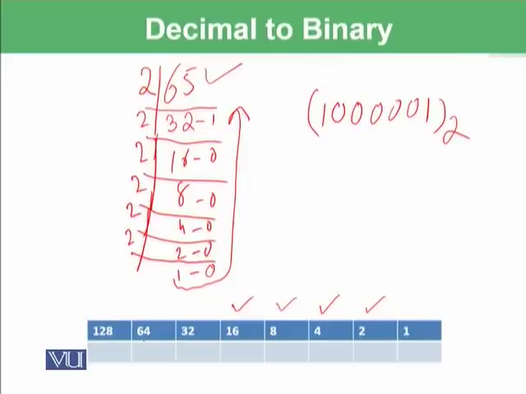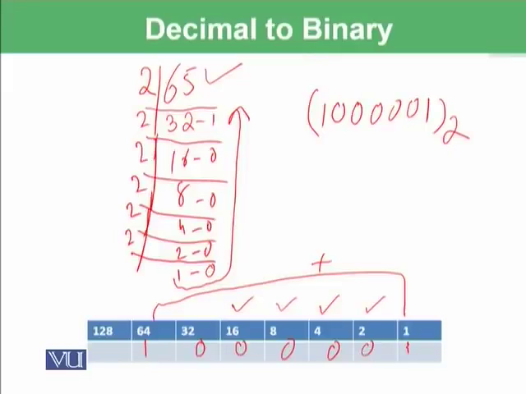So if we turn on this bit and this bit, 64 plus 1 will become 65, and others would remain 0. This one should be 1. So we wanted to make 65. We turned on the bits which were representing 65.